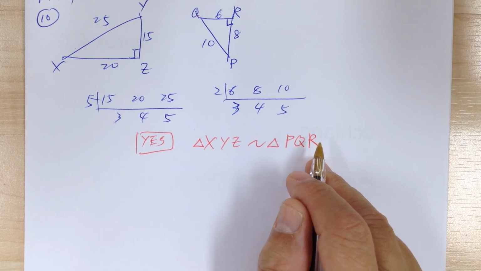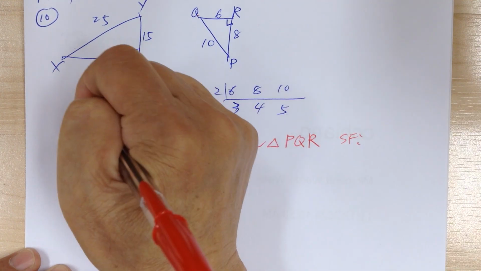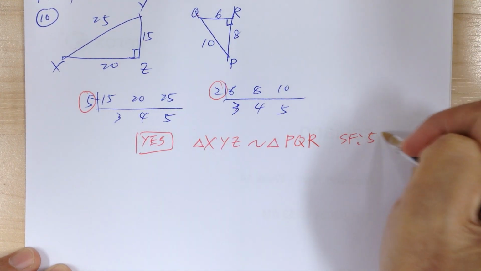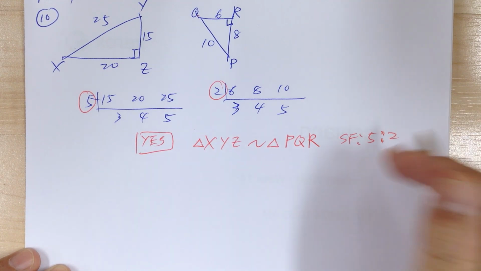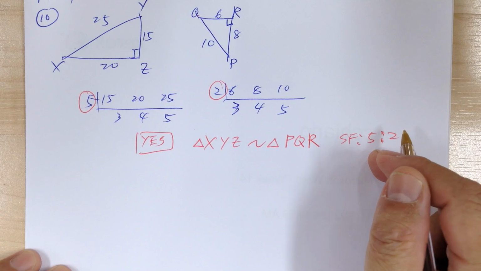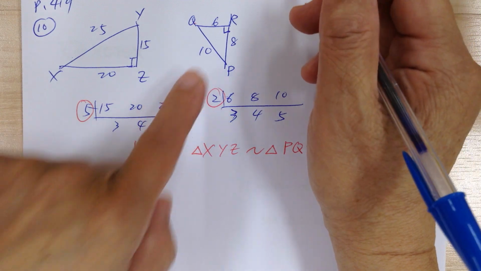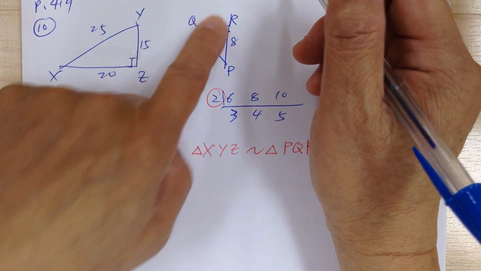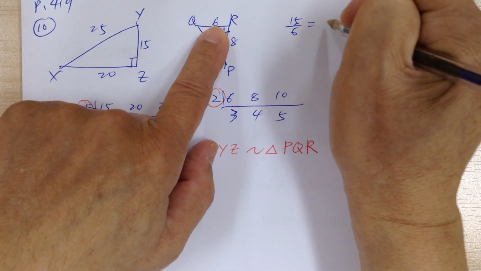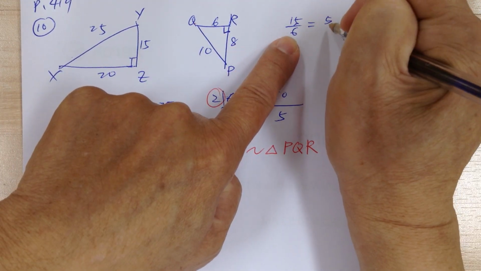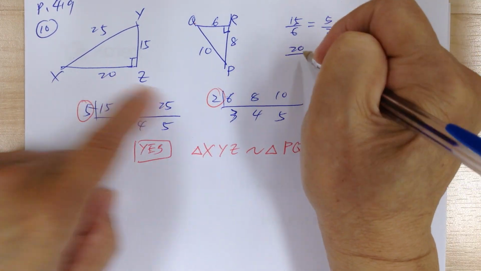And then you have to do the scale factor. The scale factor would be these numbers over here, so it would be 5 to 2. If you write it as a ratio, then it's 5 over 2. Now another way to do this is you find the ratios of the sides: the longer with the longer, the shortest with the shortest, so it'd be 15/6, this over that, which is 5/2. Then the medium length is 20/8.